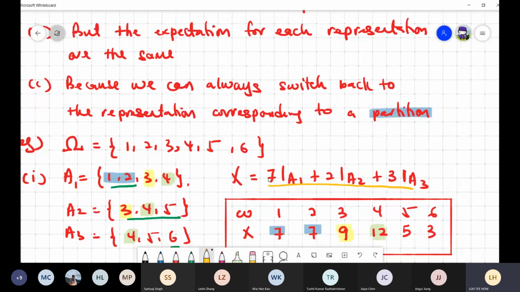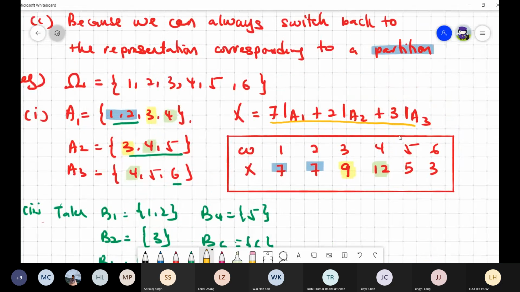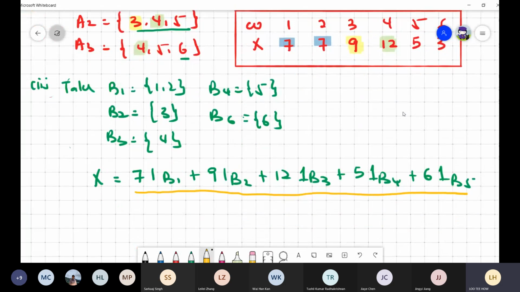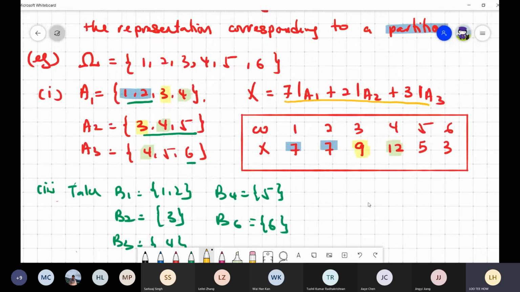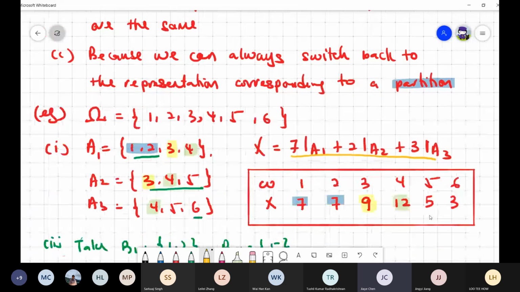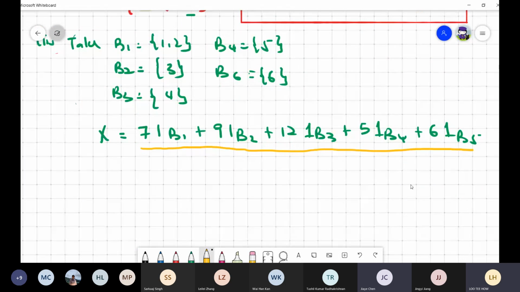You can see, you take the expectation value for this representation and this, they will give you the same value. Okay. Right? However, in theory, we always put it in this way for convenience. Okay, so I hope that helped you to get a picture.